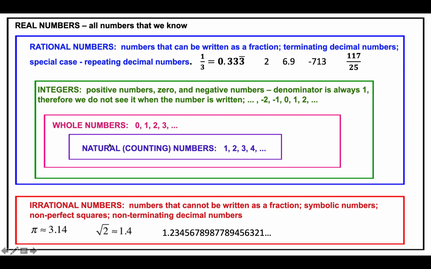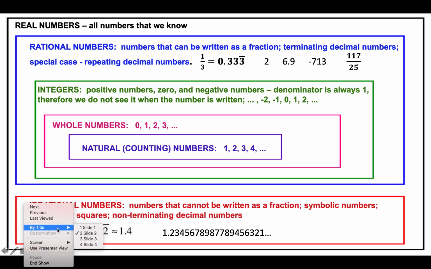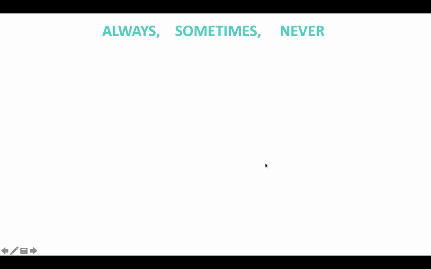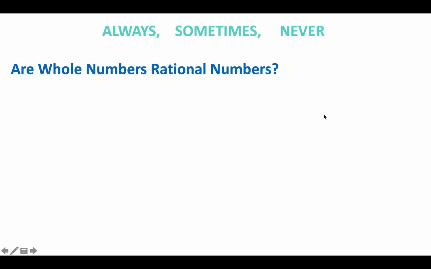So if these subsets are inside what we're questioning, then the answer is yes, they are. So are whole numbers rational numbers? Yes, they are, because whole numbers are contained within the rational number category. All right, so that would be always. Whole numbers are always rational numbers.